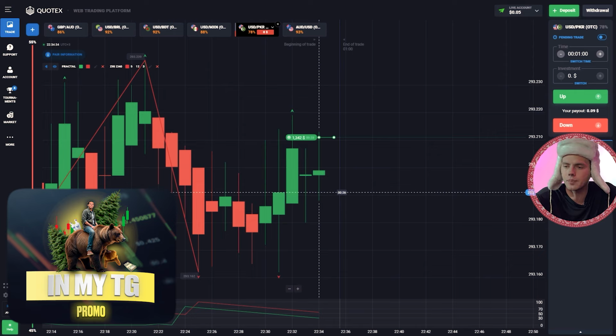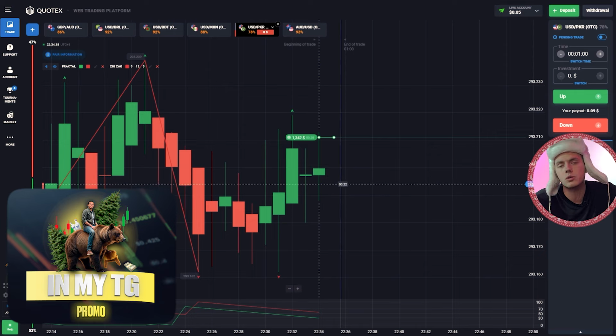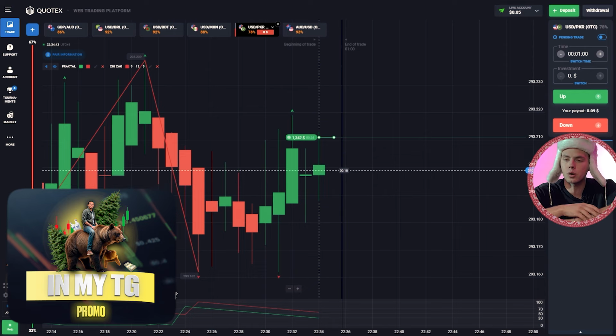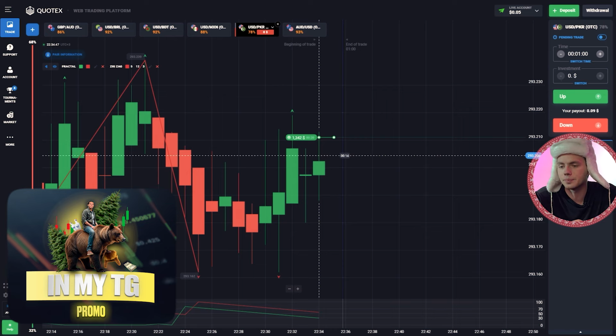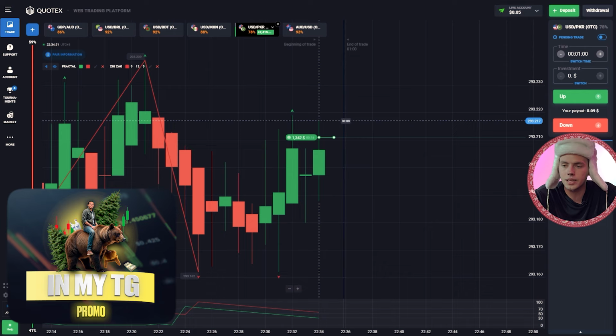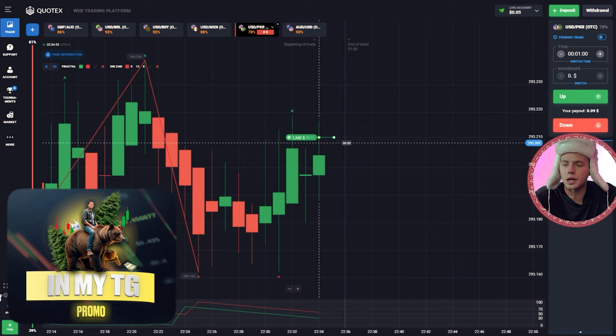We have a green fractal starting to form, which is also a signal of an upgoing trend, after the trend was going down, because the previous division here was down. We're still watching how the green candles are forming, which means that the buyers are taking the market at the moment.